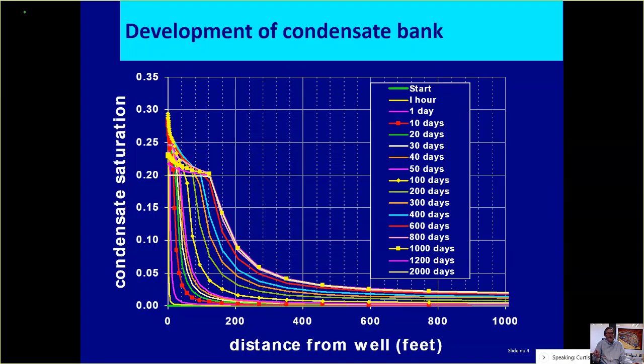If the initial CGR is 200 barrels per million, then at 1,000 psi, that's going to have the highest VRO, the lowest KRG/KRO value, let's say a value of 0.5. When the producing CGR goes to 150 barrels per million, if you take the 150 barrels per million into that equation from yesterday, and at 1,000 psi calculate KG/KO, it's now 1 instead of 0.5.